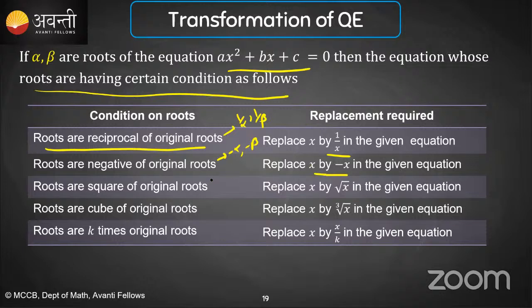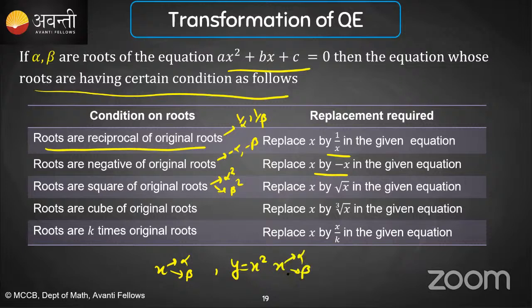If roots are the square of the original roots, meaning alpha square, beta square, you can imagine x is the root, alpha, beta. The required equation's roots should be y, that is alpha square, beta square, right? So y is x square, where x is alpha, beta.